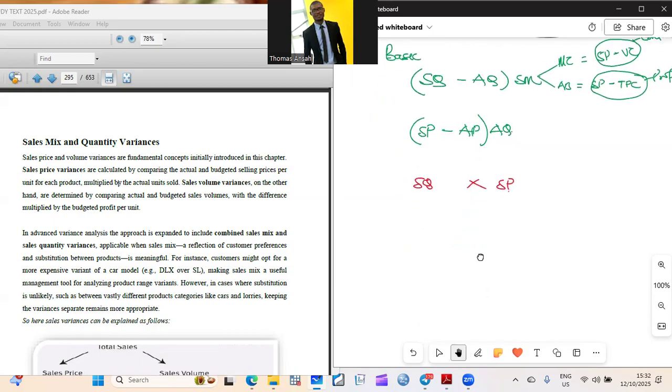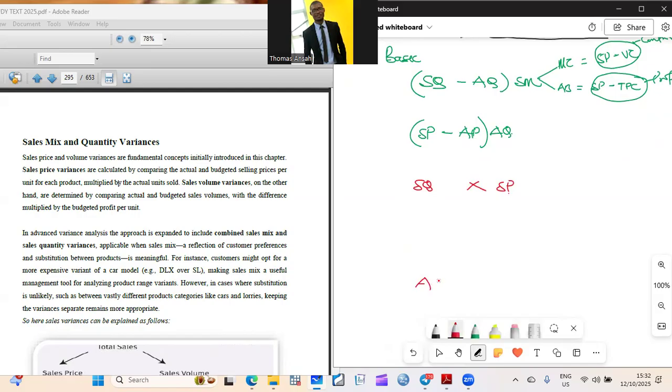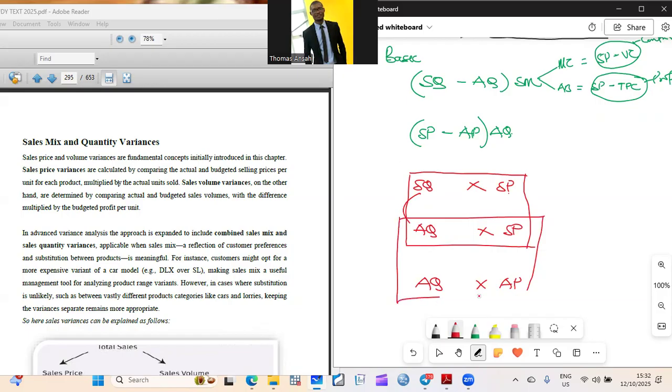Then we did AQ, actual quantity by actual price. Then we could turn this one to actual quantity and still maintain the standard margin. So between this one and this one, and between this one and this one, gives us something.